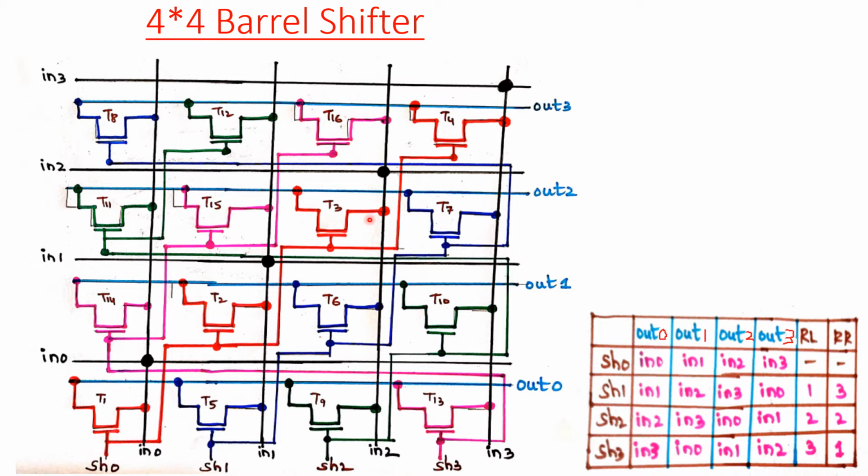So these red ones are controlled by control signal SH0, the blue ones are controlled by SH1, the green ones are controlled by SH2, and the pink ones are controlled by SH3. The 4x4 shifter hence will have 4 input lines and 4 output lines.